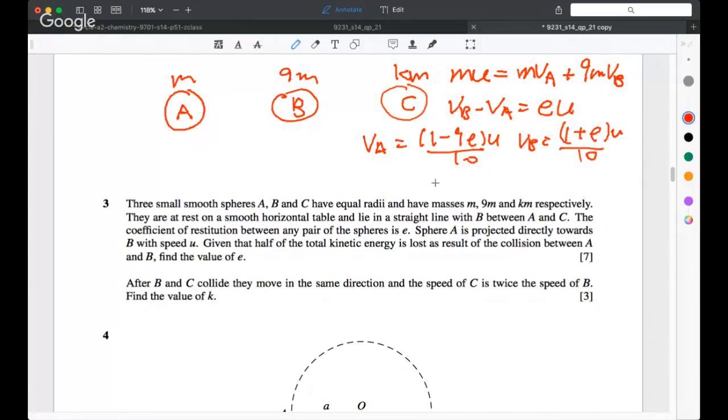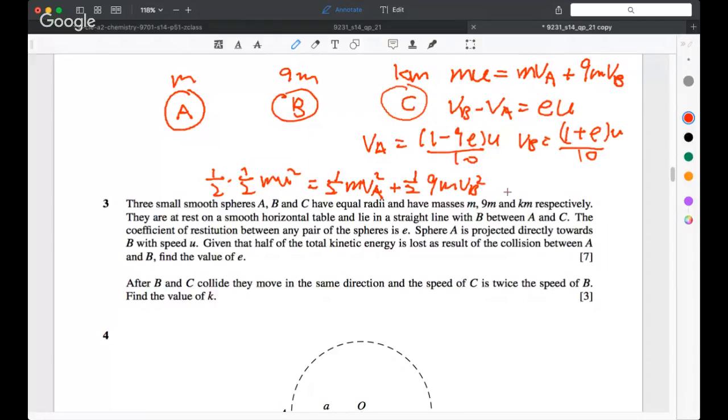And we can construct a further equation from the fact that half of the total kinetic energy is lost. So we know that half times a half mu squared, so half of the initial kinetic energy, is equal to a half mva squared plus a half 9mvb squared.